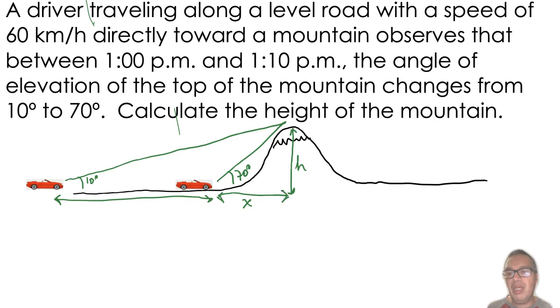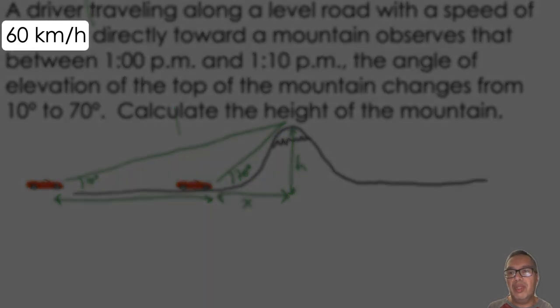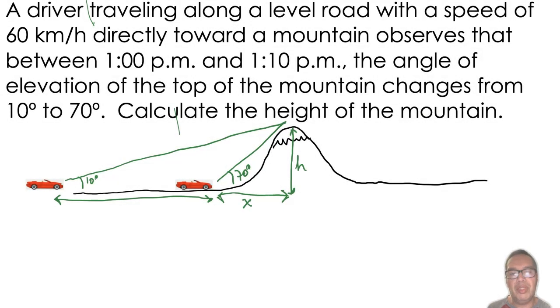Now that can be easily calculated. You know that the car is going at 60 kilometers per hour, which means that you have 60 kilometers in 60 minutes. 60 kilometers in 60 minutes means 1 kilometer every minute. And therefore, in 10 minutes, you have a distance of 10 kilometers between the two different positions of the car.